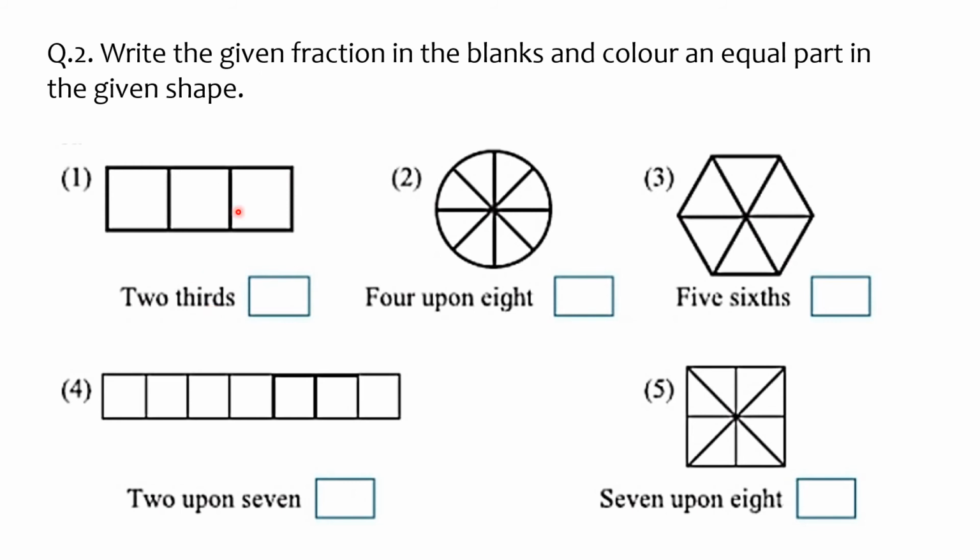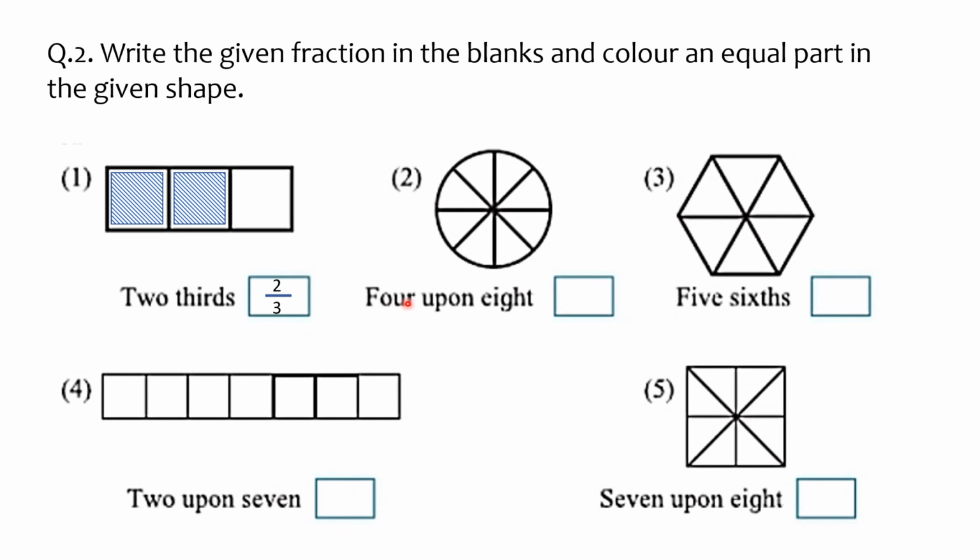Here the shape has 3 parts. So the number of parts we write in the denominator, and 2 parts are taken, means 2 parts we should color. So we have colored 2 parts and our fraction will be 2 upon 3.